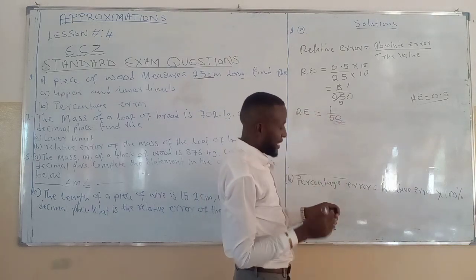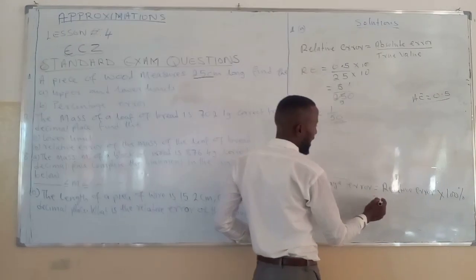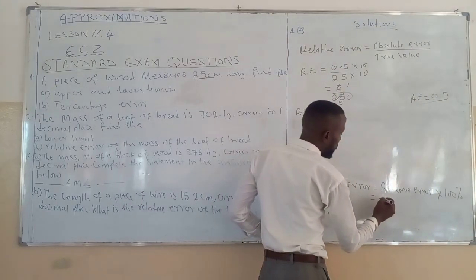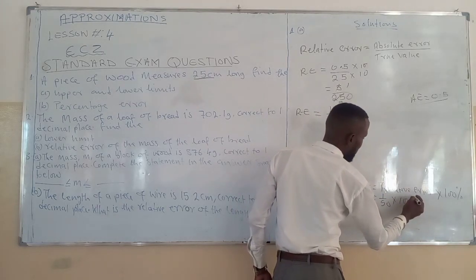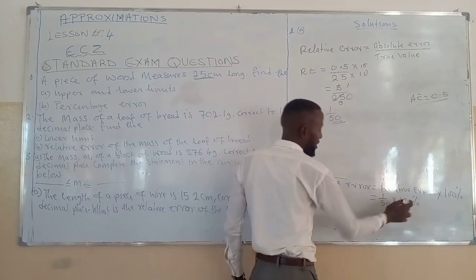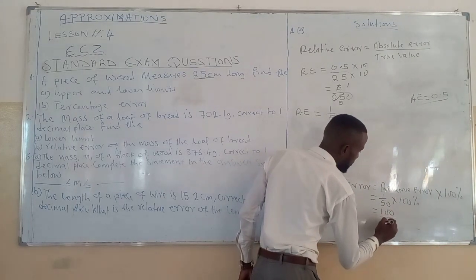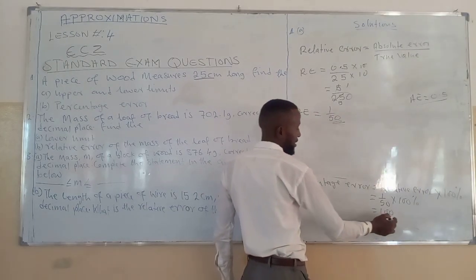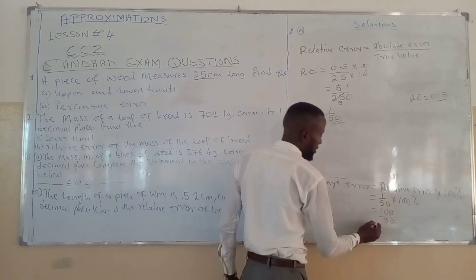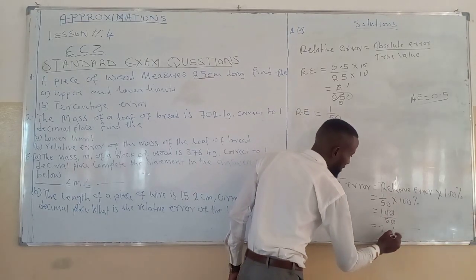Now for me to find the percentage error, all I need to do is multiply by 100%. It will be 1 over 50 times 100%. So 1 times 100, I have 100 divided by 50. 5 into 10 is 2%.